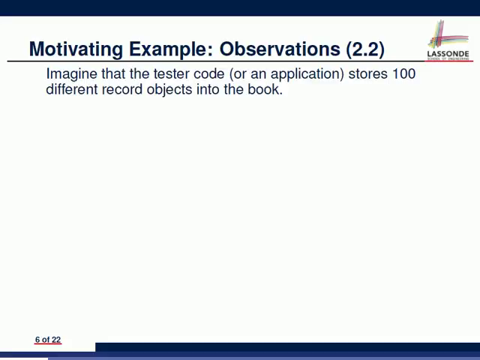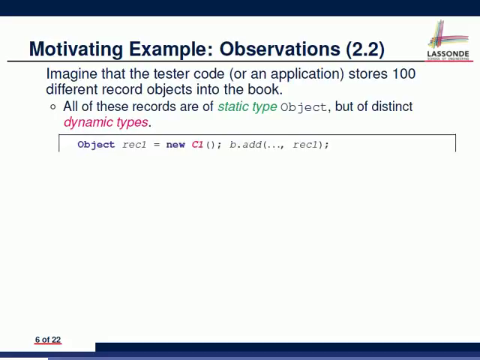So now let's imagine the following. Let's say we're going to have a book where we have 100 different record types, different dynamic types for that. I'll give you a sketch of the idea. For example, let's say the first line, the left-hand side is simply an object over here. And on the right-hand side, anything should be okay, right? Let's say we have a class called C1, any class.